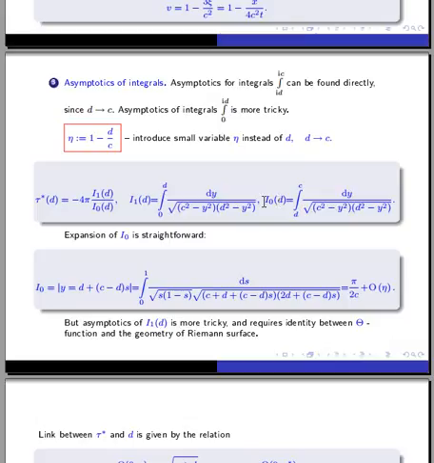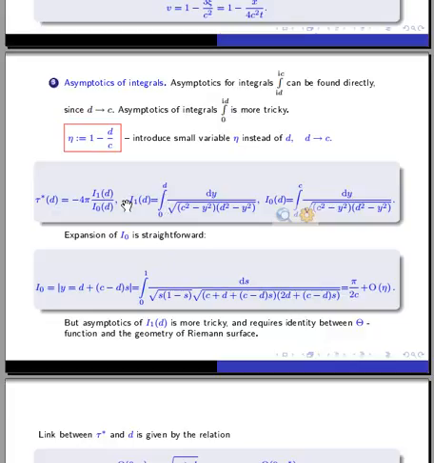For example, to calculate the asymptotics for the integral I0, it is enough to make a change of variable to convert the shrinking interval from d to c into a constant interval from 0 to 1. Then we take the asymptotics of the integrand, integrate it, and we get the asymptotics for the integral. But it is another matter with the integral I1, because here, when d tends to c, we just get a divergent integral.